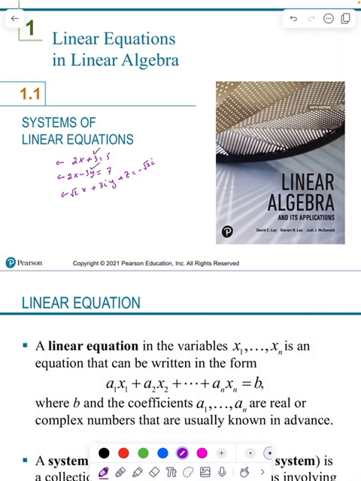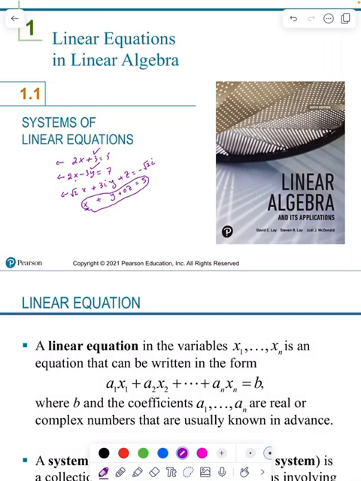So this is a linear equation in one variable, in two, and in three. Why is it linear? Because the power on the variable is 1, or even it can be less than 1. So if I have an equation x plus y equals 5, I can think of this as a linear equation in three variables, where my third variable is not appearing because its coefficient is probably 0.